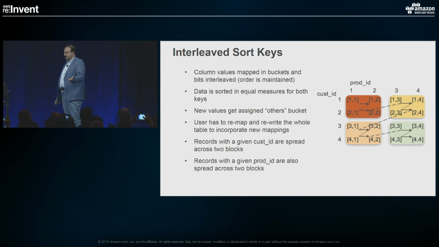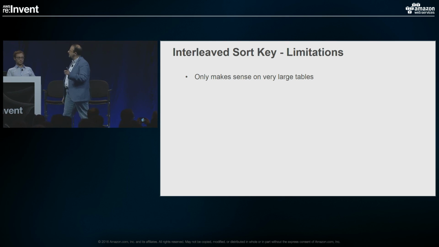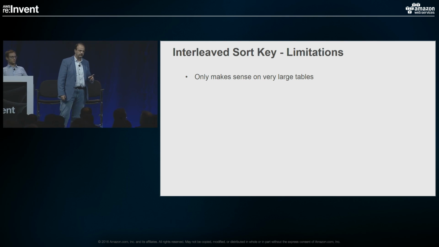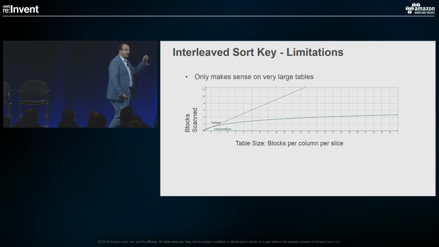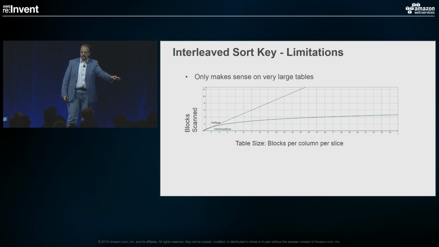Now, interleaved sort keys, as I explained, have some limitations. The first limitation is that they only really make sense on very, very large tables. Redshift is a massively parallel, columnar system with fully compressed blocks. So imagine a table where on a particular slice, on a particular CPU, I have 10 blocks of data on that column. That represents about 80 million rows, right?